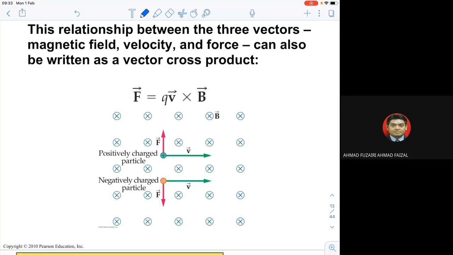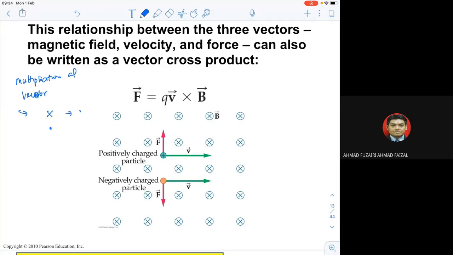Remember, you learned in the previous semester, semester one, about vector cross product: to multiply vectors, we use either cross product or dot product.